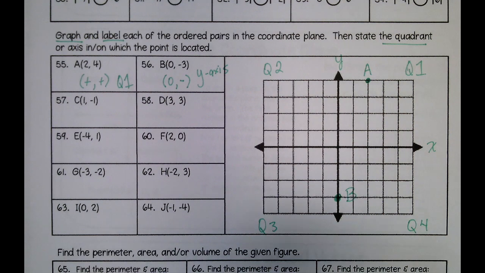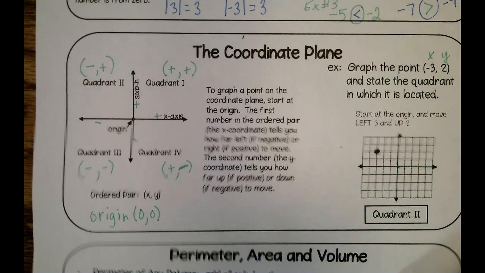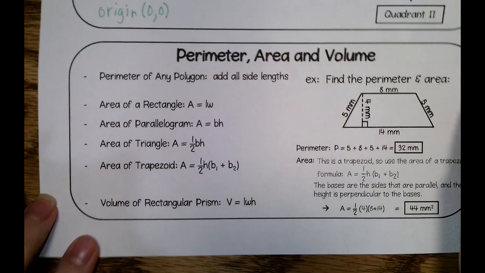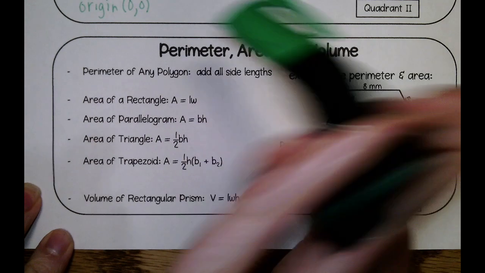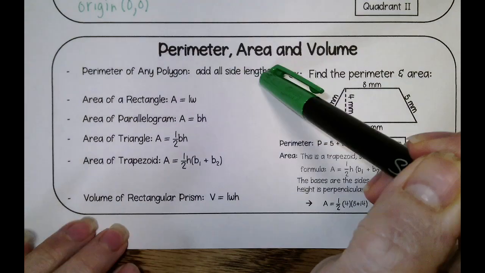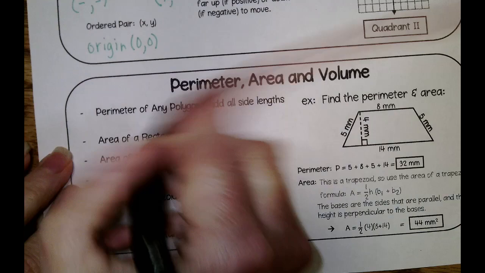Let's go over this part right here. Last part. Perimeter, area, and volume. And I won't take up much of your time. All right. It says the perimeter of any polygon, add all side lengths. Perimeter, y'all know it. You think of the fence.